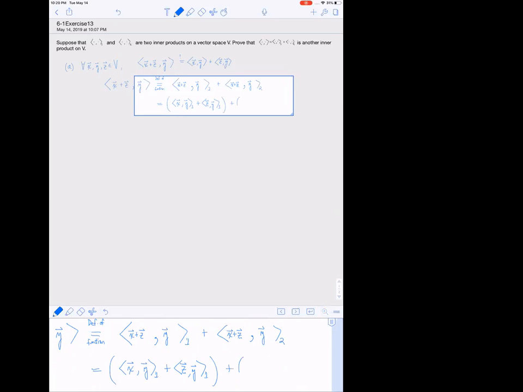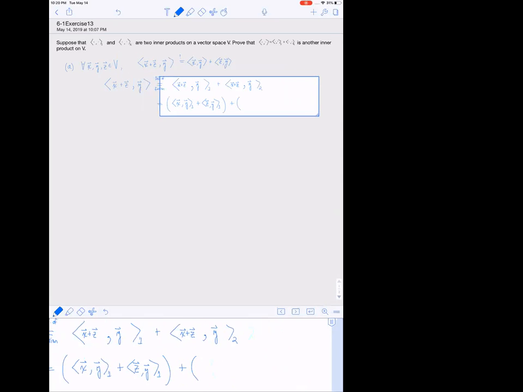And similarly, bracket sub 2 is an inner product. So that thing on the previous line is the same as x combined with y using this inner product plus z combined with y using this inner product.